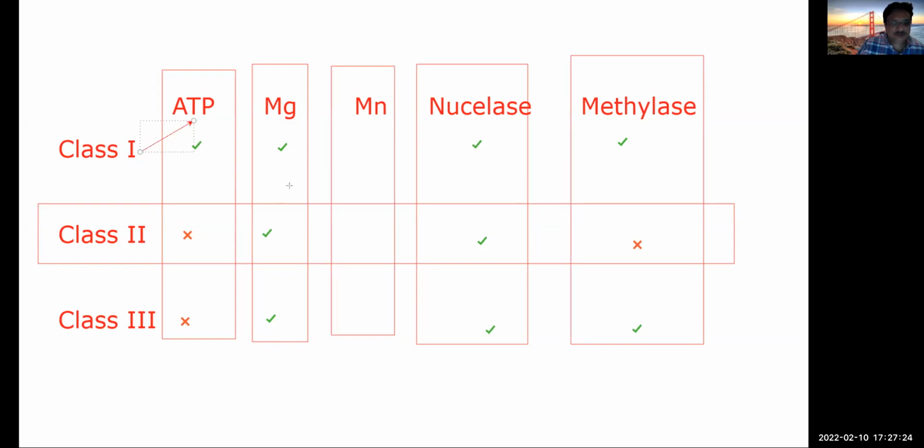Magnesium, all 3 enzymes need this cofactor. So magnesium is very, very important, right? All 3 enzymes have nuclease activity. All 3 enzymes require magnesium. Class 2 doesn't have methylase activity.